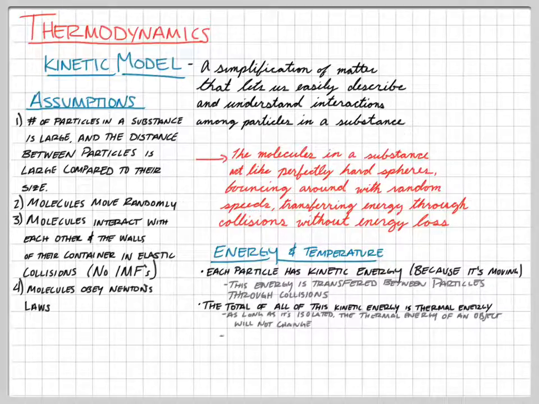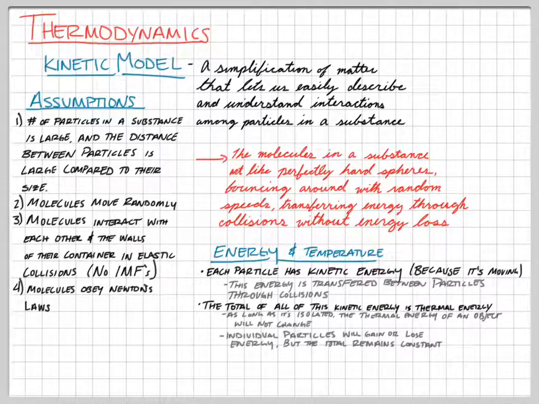It's always going to be the same. Individual particles can lose and gain energy through collisions, but again, the total energy has to remain constant, has to remain the same. Now, once I put this object and touch it to something else, we can lose some of that thermal energy, and we'll talk about what that means, but for now, as long as we're isolated, that's not going to change.